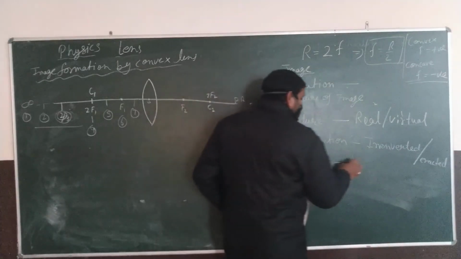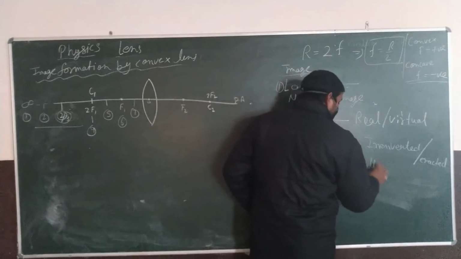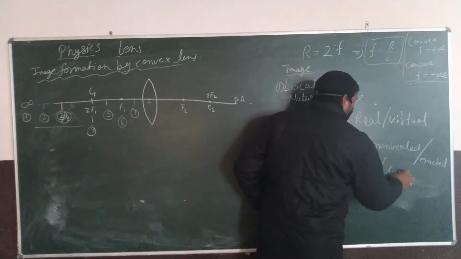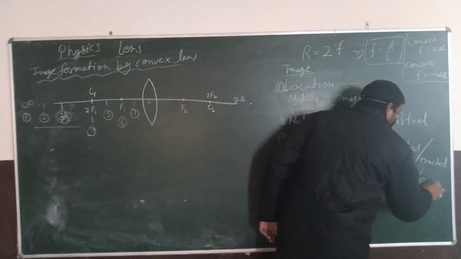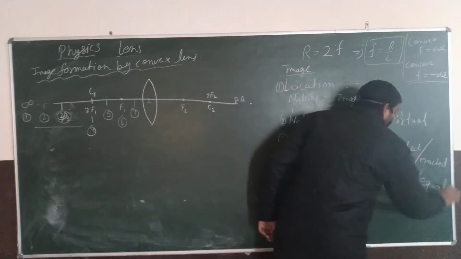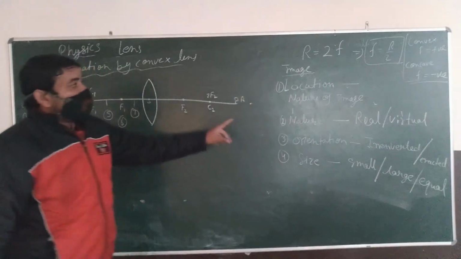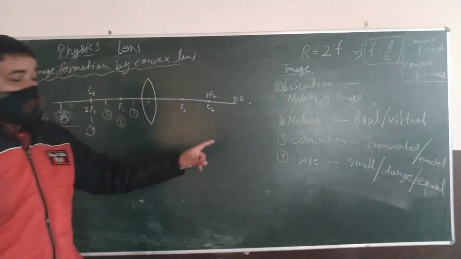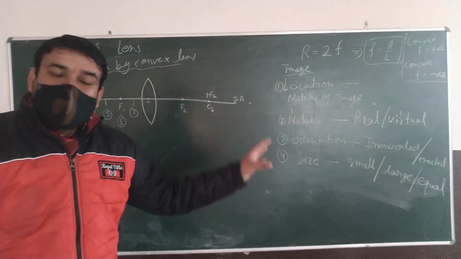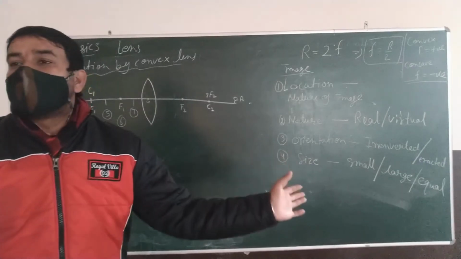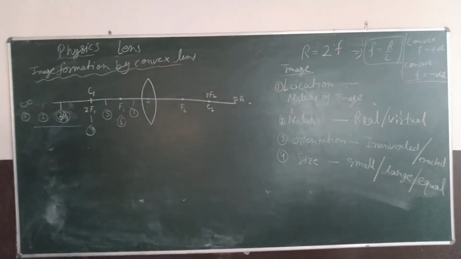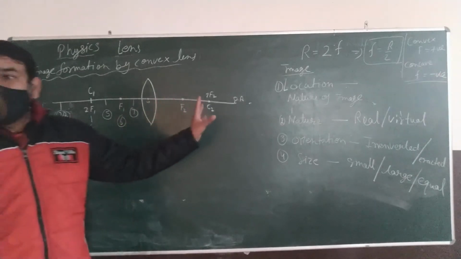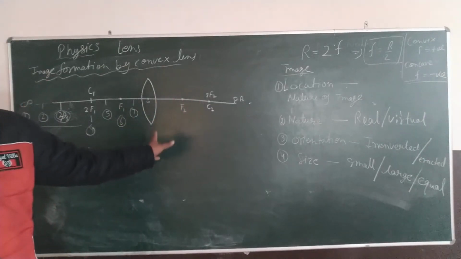Size: small or large. These are the characteristics which you need to define whenever you describe a kind of image formed by the lens. Now we understand the characteristics of the image formed by the lens.